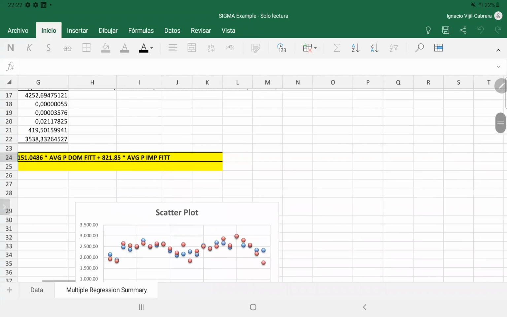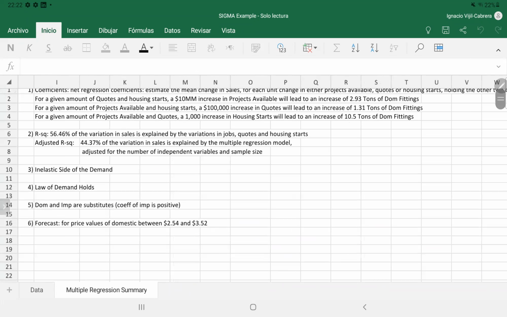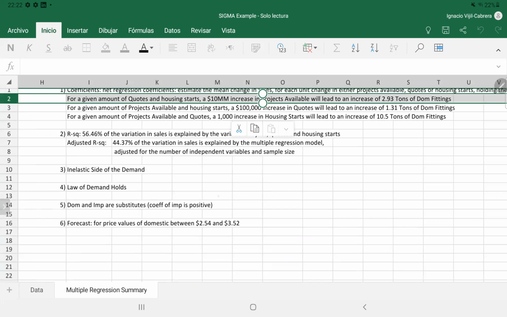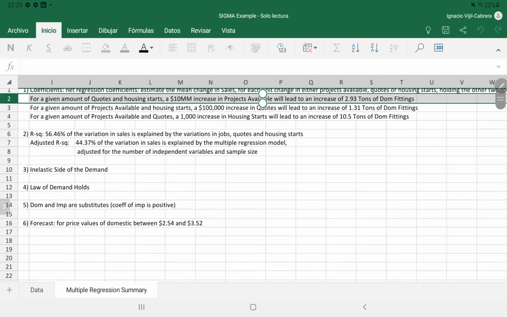And I learned through this that for a given amount of quotes and housing starts, if there's 10 more million in projects available, we'll sell almost 3 more tons of domestic fittings. Okay, that's interesting.